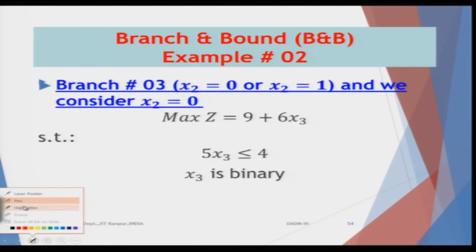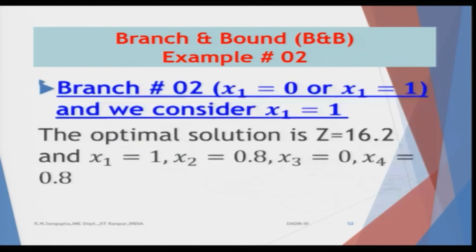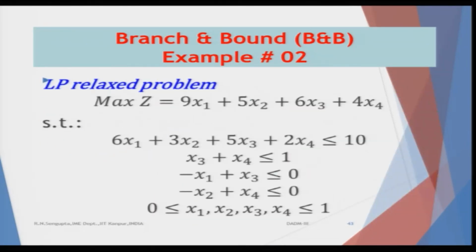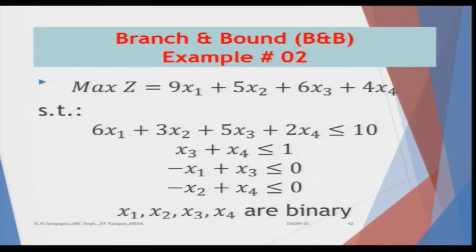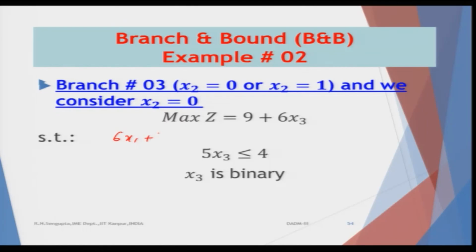And the constraints, I will highlight the constraints one at a time and then proceed further. So, this is 1, this is 6, and 6 goes to the right hand side, 10 minus 6 is 4. x2 is 0, vanishes, x3 comes, x4 vanishes.